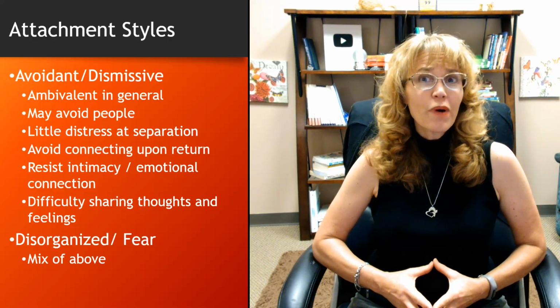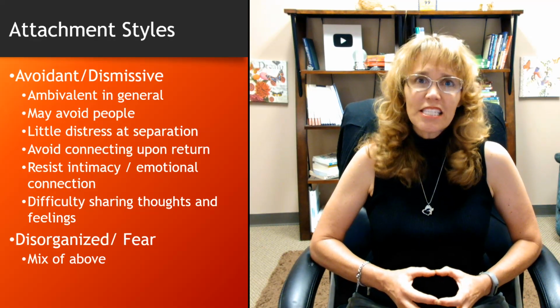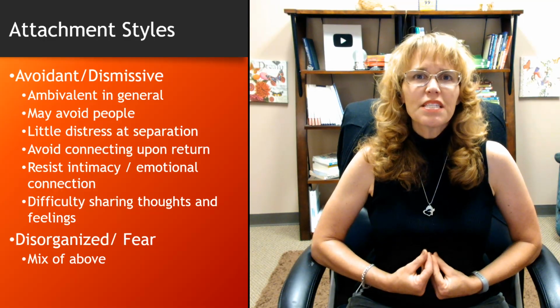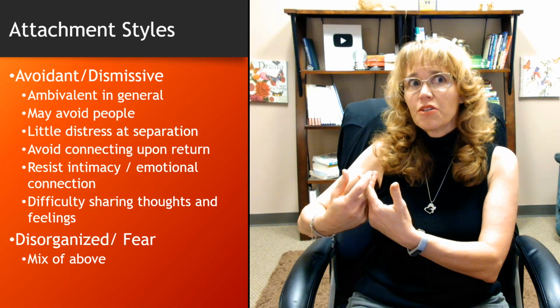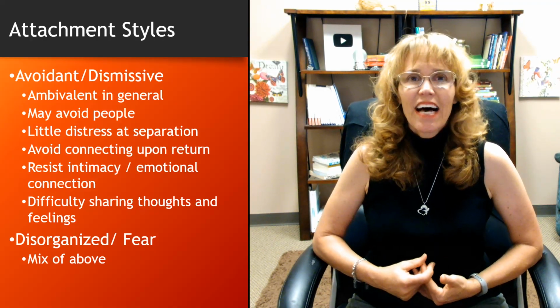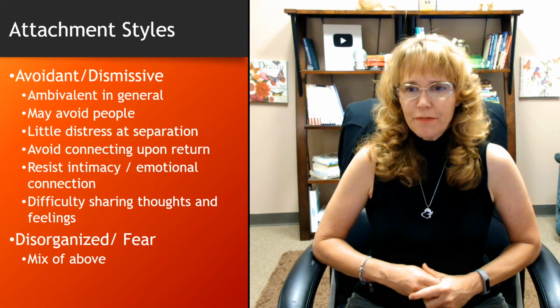And people who are avoidant or dismissive, because they don't trust other people, because they expect to be abandoned, often resist intimacy because intimacy makes a person feel vulnerable. And when you feel vulnerable and you're abandoned, it hurts. It's terrifying. So a lot of times people who are avoidant just avoid that altogether.